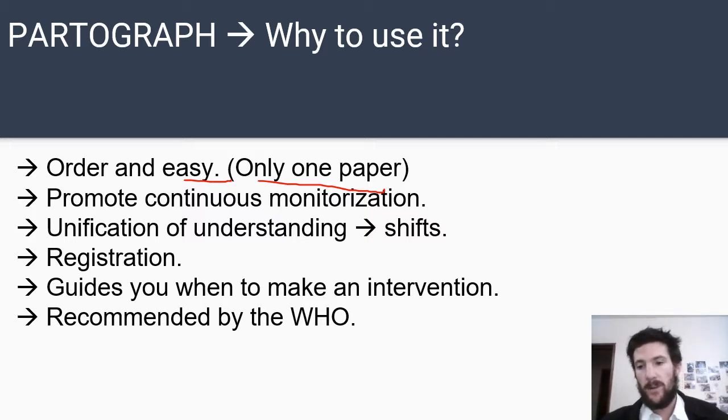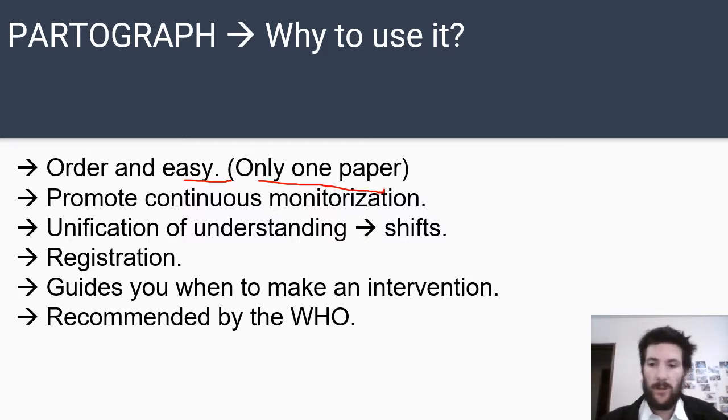Because if you're entering your shift and there was someone that was working all night with a patient, you will know when the VE was done, how far she was, and all those things. And it's much easier to understand everything that has happened with your patient. Also, it's good because you have a registration of everything and it guides you when to make an intervention. Because when you don't make a partograph, most people write in the file all the things that they discover, but they are not able to understand when to make an intervention, when the mother is in a prolonged labor, or when the mother has a non-reassuring fetal status.